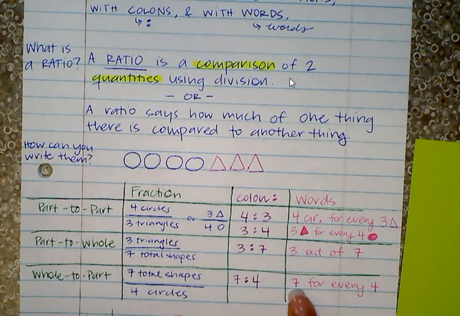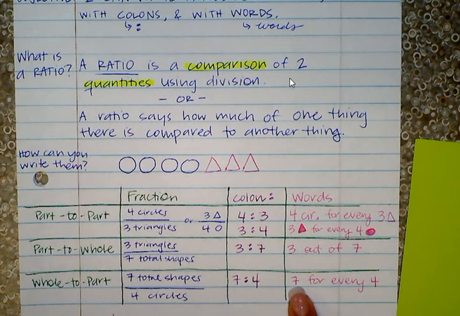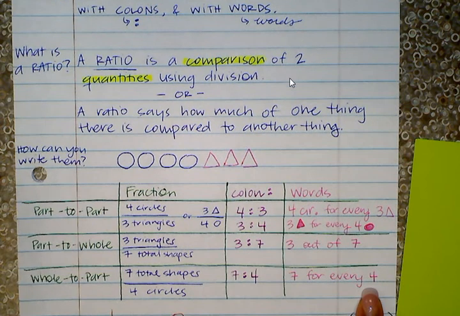And then we have 7 shapes for every 4 circles. It really depends on what the question is asking, so you have to pay attention, and the order matters. If it asks for circles to triangles, then you need to put the circles first and then the triangles second. So the order is very, very important.